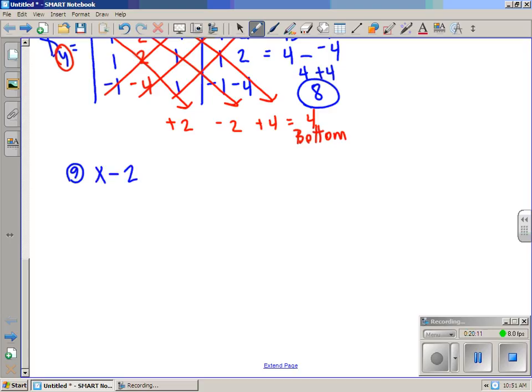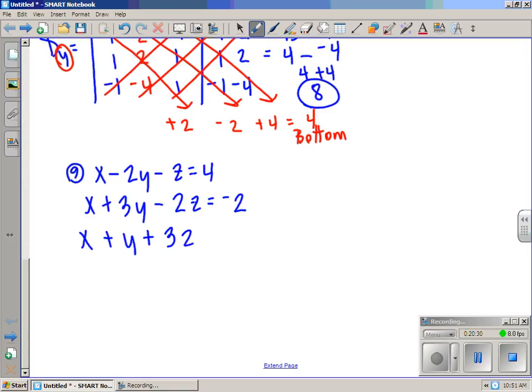x minus 2y minus z equals 4. x plus 3y minus 2z equals negative 2. x plus y plus 3z equals 5.